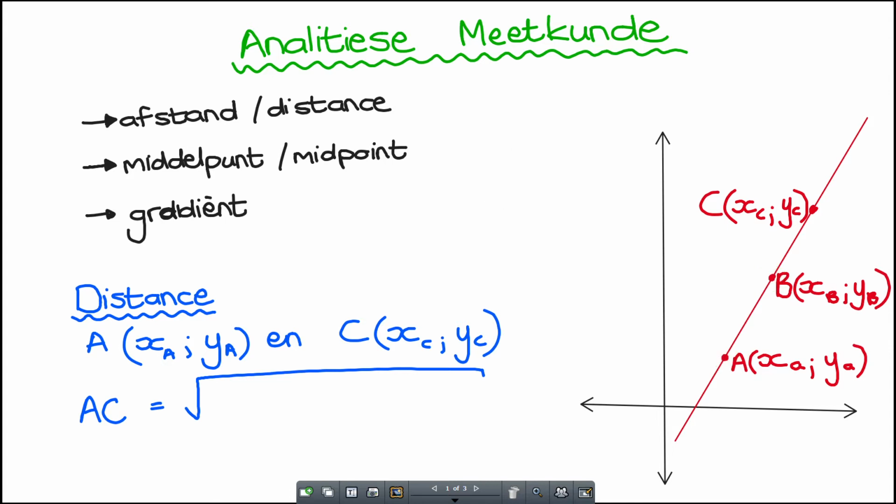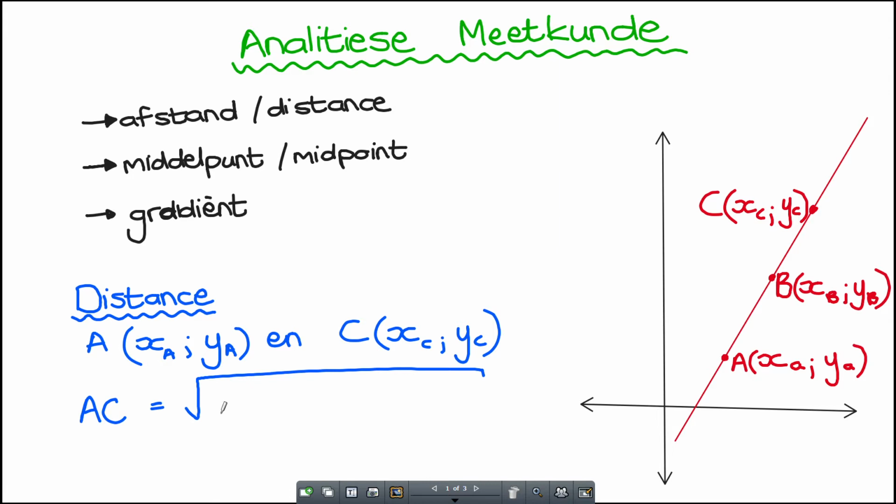Okay, right, so let's run through the formulas of those three things that we've got to know for this chapter. So when I work with distance, ek gaan nou gou die afstand kry tussen punt A en punt C, nee? Okay, now that would be AC represents a distance equal to and always square root of.